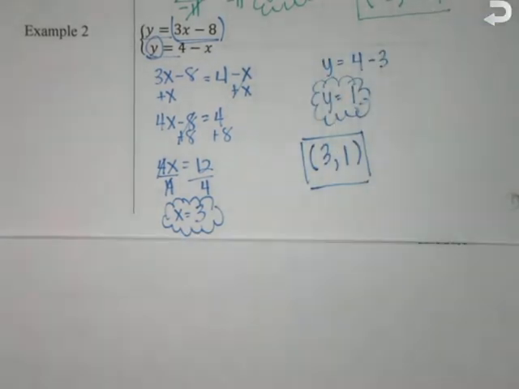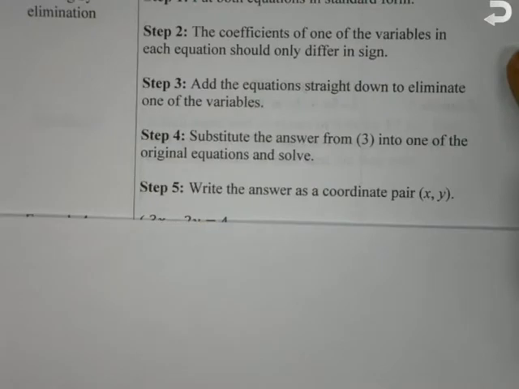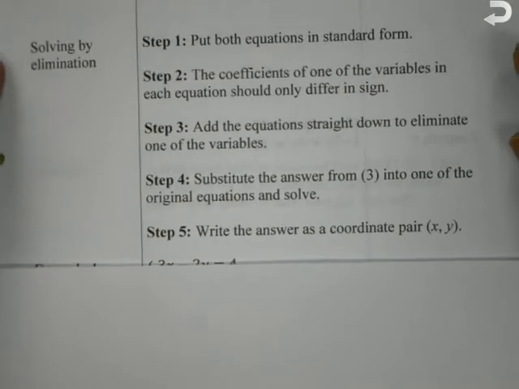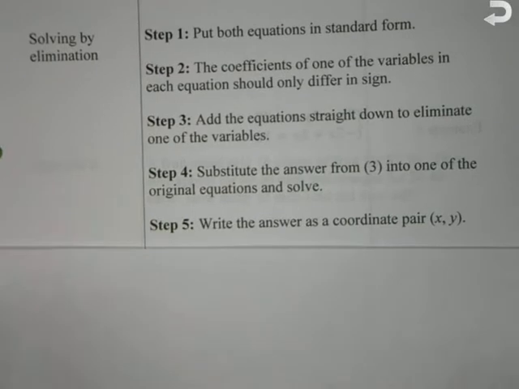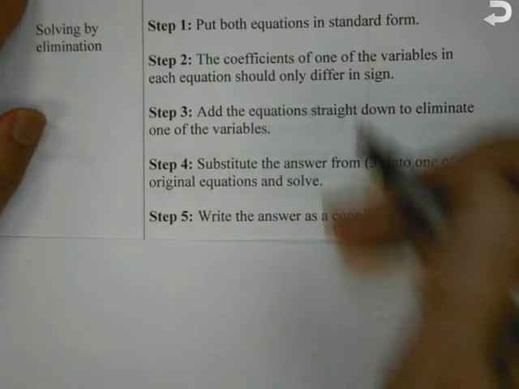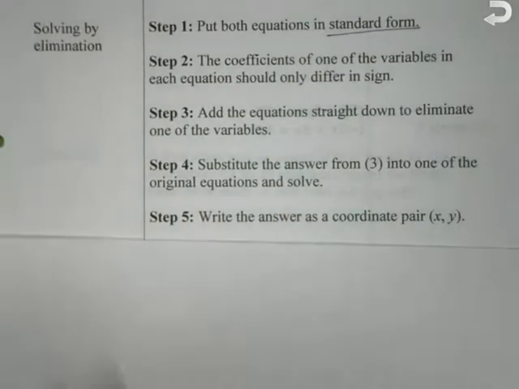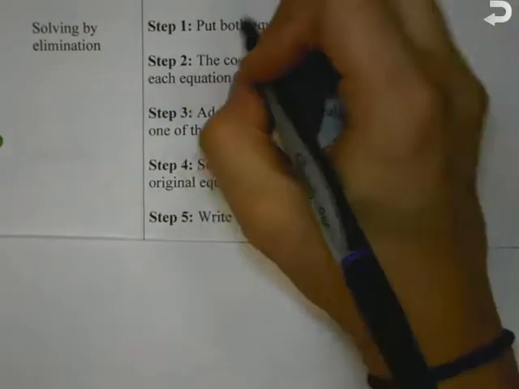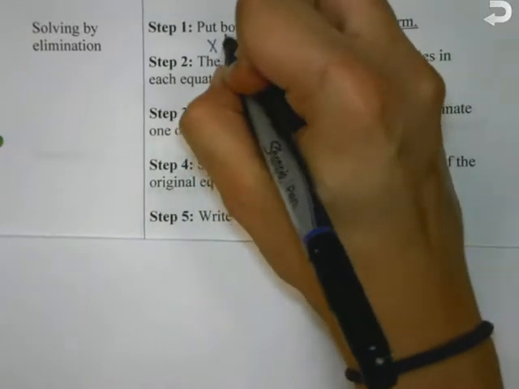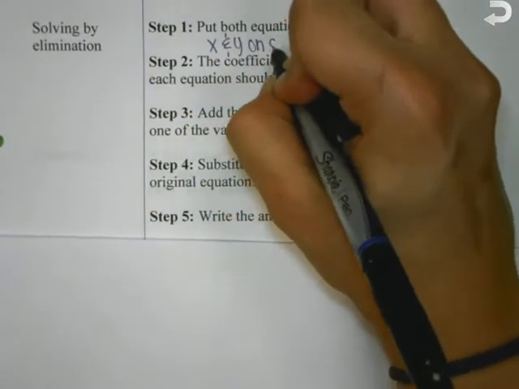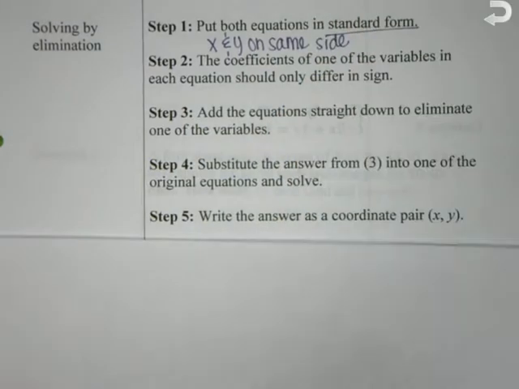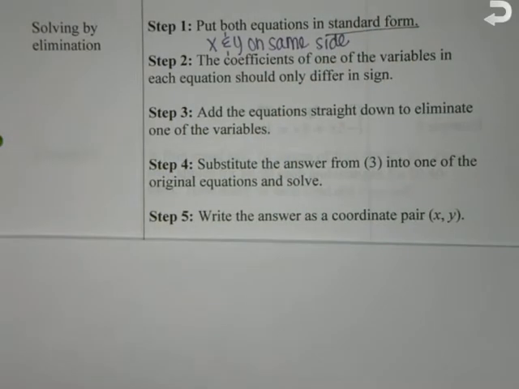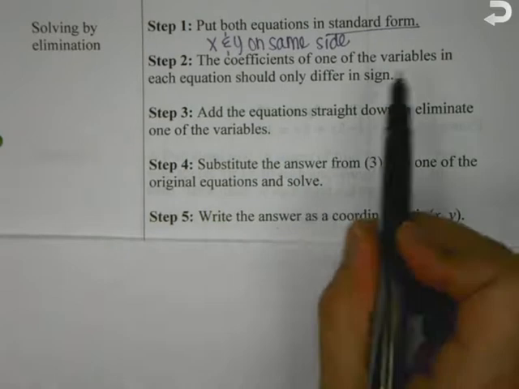Okay, so that was substitution. My favorite method, the one that I prefer, is elimination method. So what we have to have for elimination is we want to put both equations in standard form. That means x and y are on the same side. The coefficients on one variable should only differ in sign.